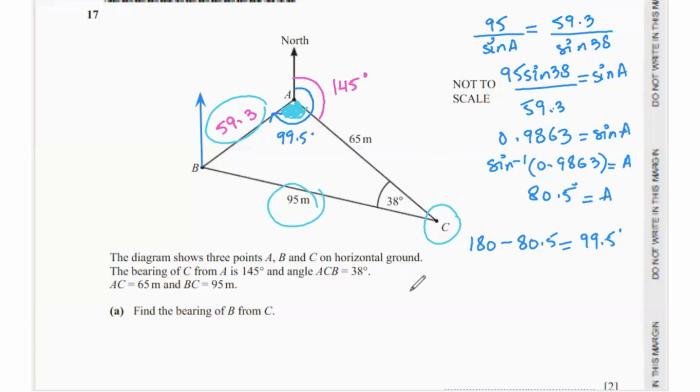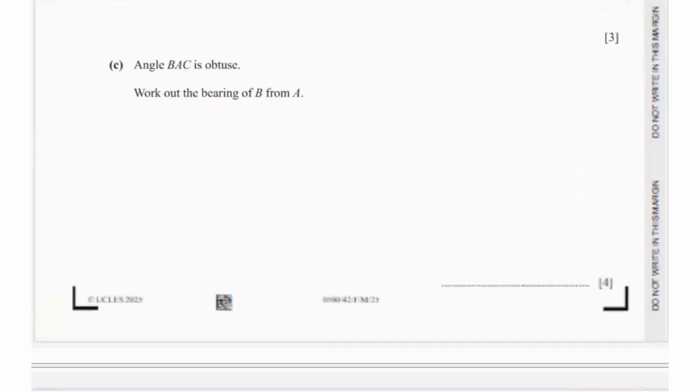So the bearing will be 145 plus 99.5, which is 244.5 degrees. That is the bearing of B from A. That's your answer.